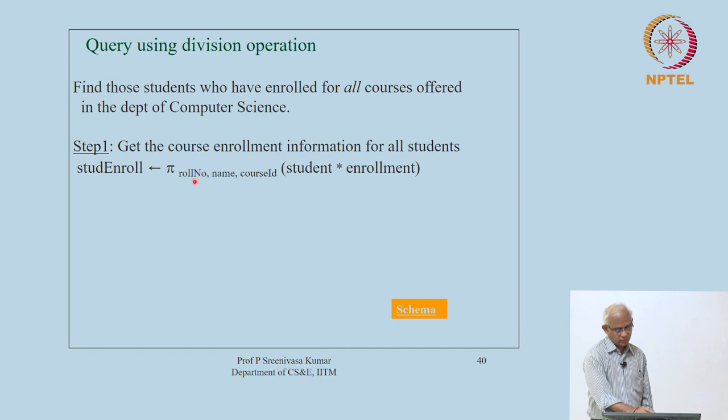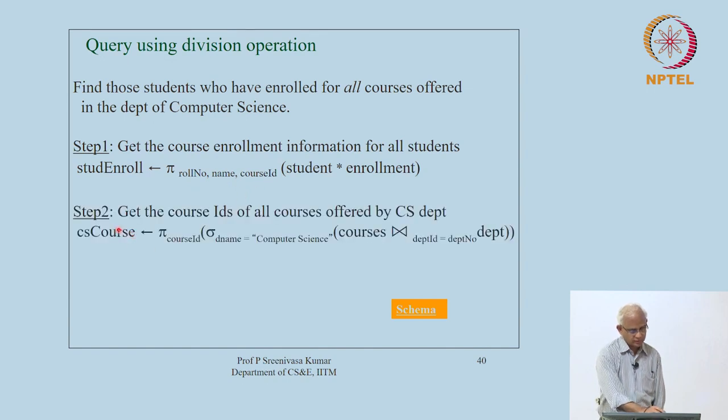But if you want the name details, then you will have to combine with student. Let us assume that. So we are doing a natural join with student and enrollment and getting the student enrollment data: roll number, name and the course ID.